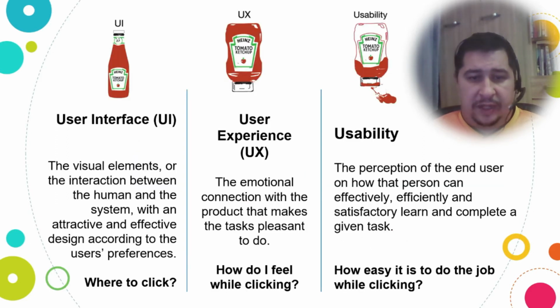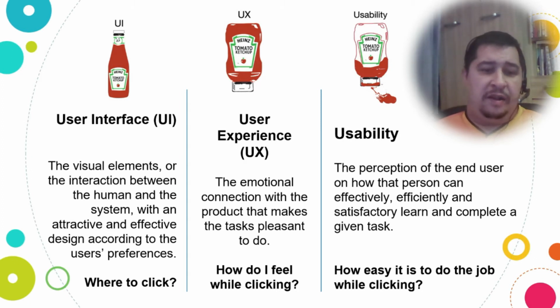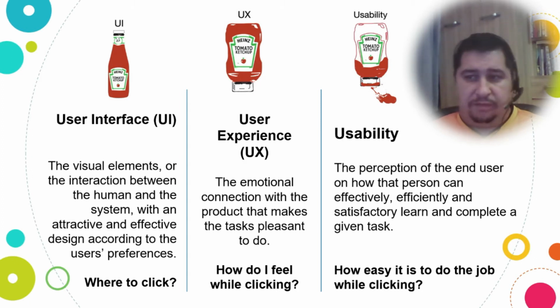So, really simply said, user interface, those are the visual elements, the interaction between the human and the system, and everything that we usually call design, or simply said, the answer to the question where to click.